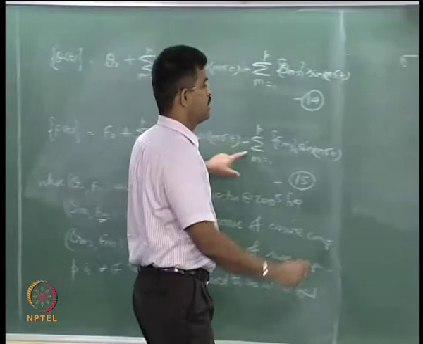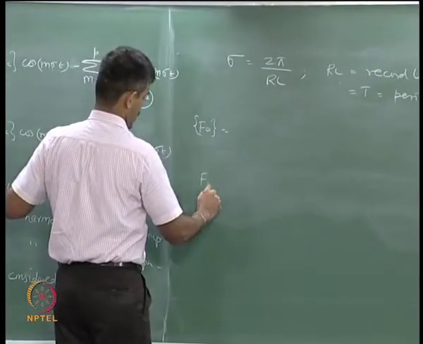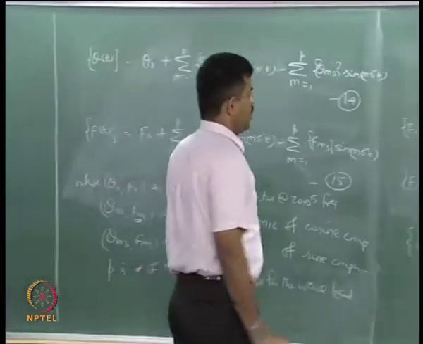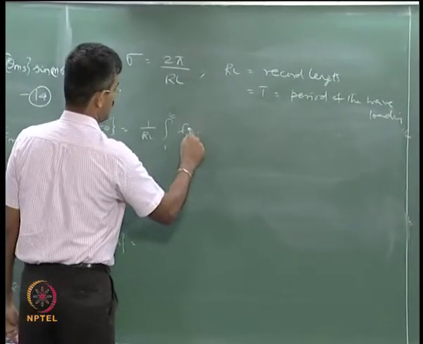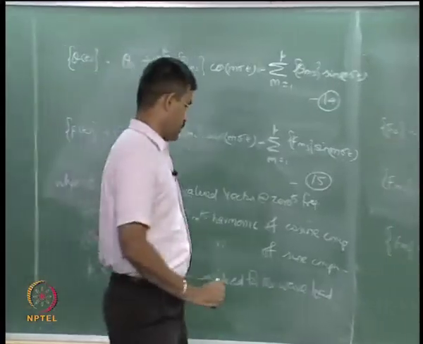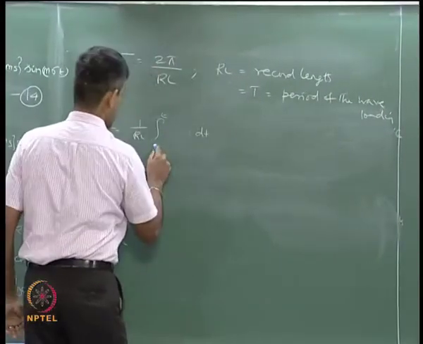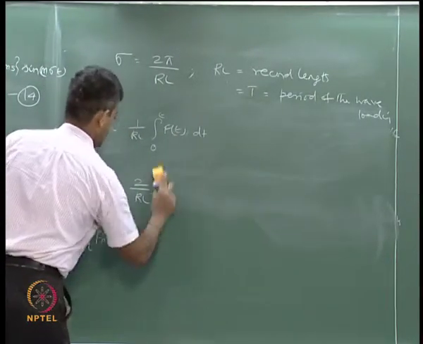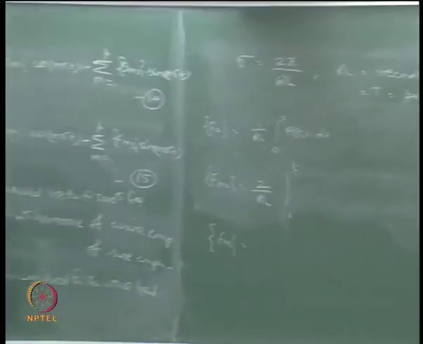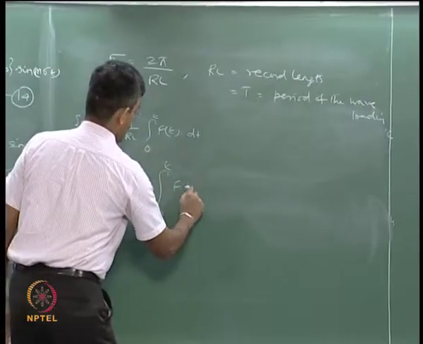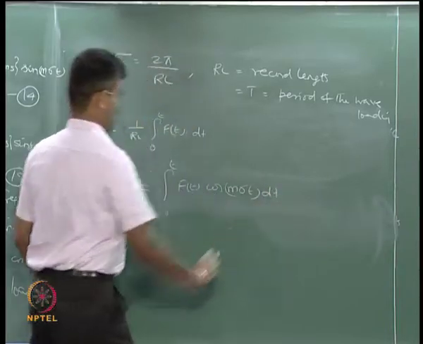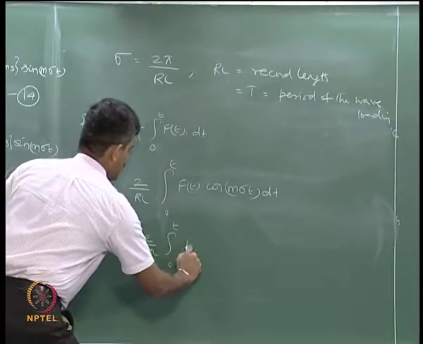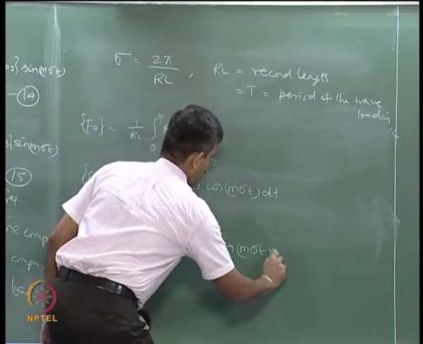I can easily find out that F0, Fmc and Fms can be given as 1 by record length of integral 0 to T of capital F of t, then 2 by record length of integral 0 to T of f of t cos m sigma t dt, whereas Fms will be minus 2 by record length of integral 0 to T of f of t sin m sigma t dt.